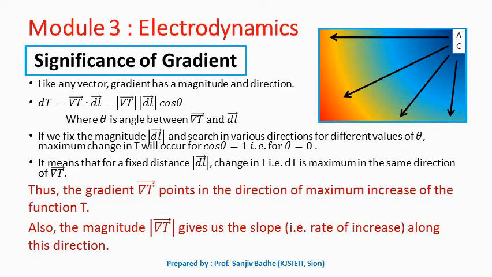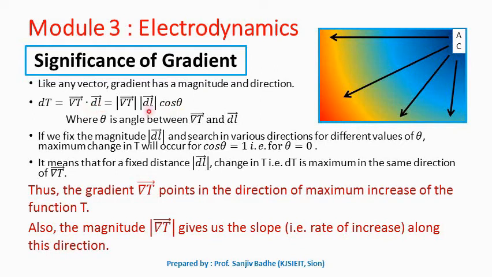We know gradient is a vector, and like any vector, gradient will also have some magnitude and direction. We can write the change in value of function t as a dot product of gradient of t and displacement vector. So this dot product can be written as magnitude of gradient of t times magnitude of displacement vector times cos theta, where theta is the angle between these two vectors, gradient of t and displacement vector.